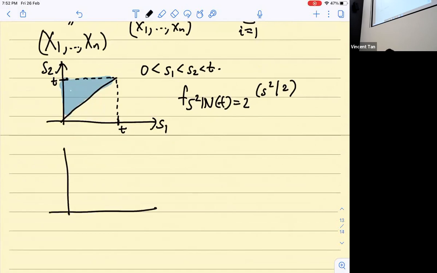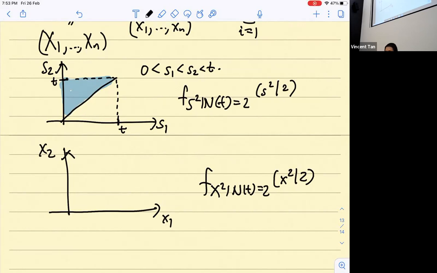So now for the X process, we are interested in f of x1, x2 given N equals 2. All right, this is x1, x2. Where are we positive? We are positive here. x1 and x2 are positive, and x1 and x2 must sum up to less than t.